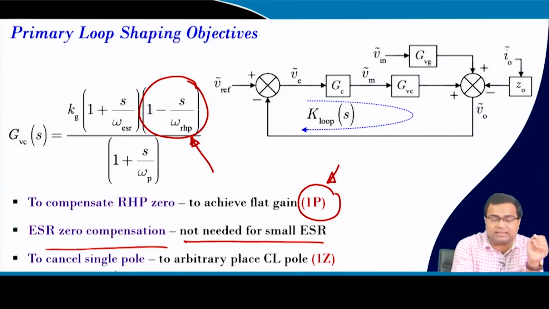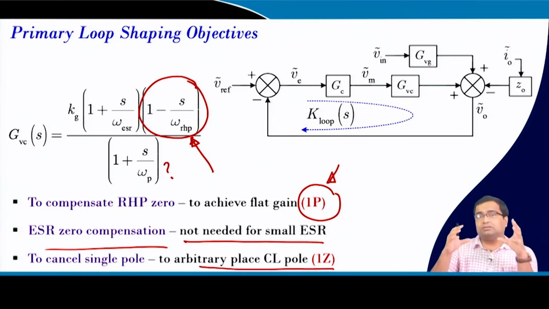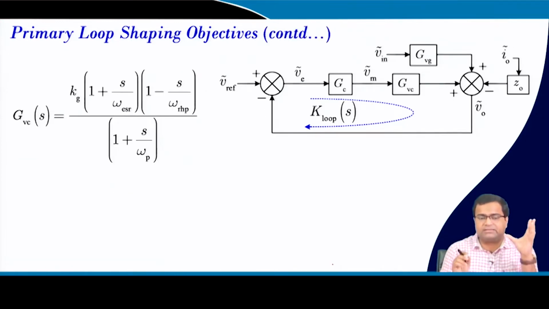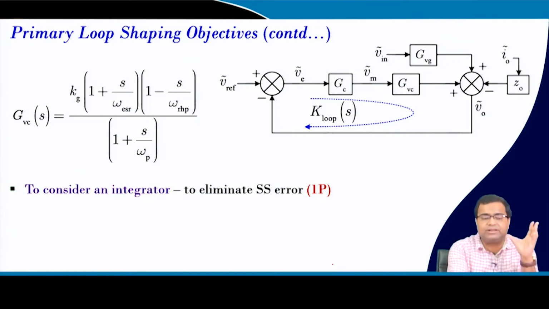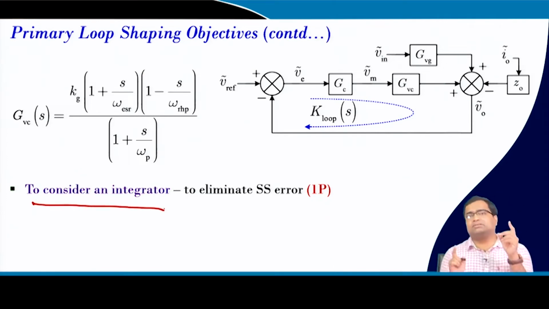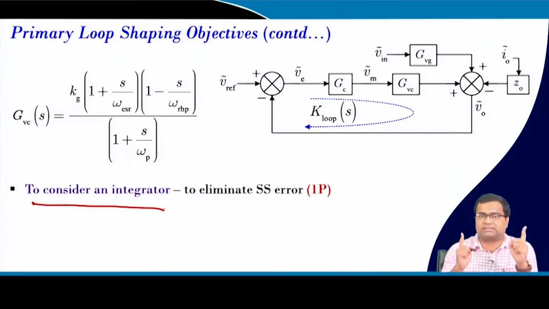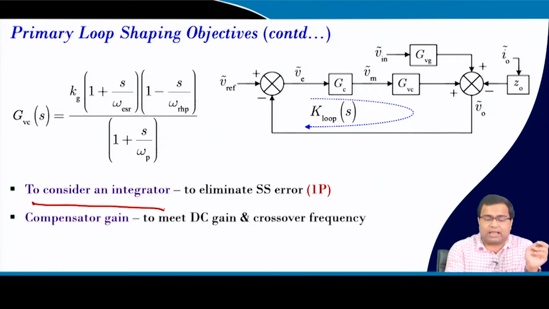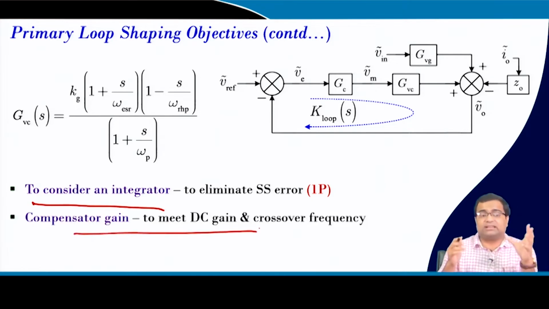And then we need to cancel the single pole here by means of a controller zero. Now we need to consider one integrator, because the integrator is needed to achieve close to zero steady state error, or basically to achieve very high DC gain, loop gain. And then the DC gain of the compensator is required to meet a certain crossover frequency. So, that we will discuss in the design process.